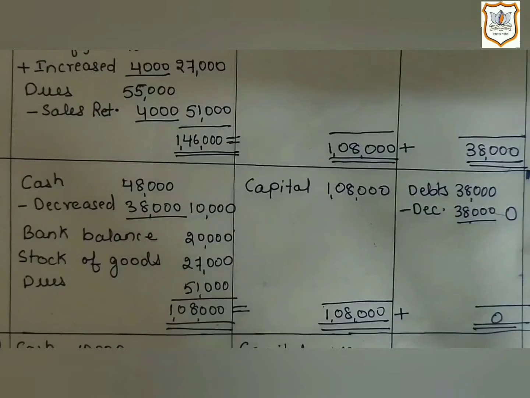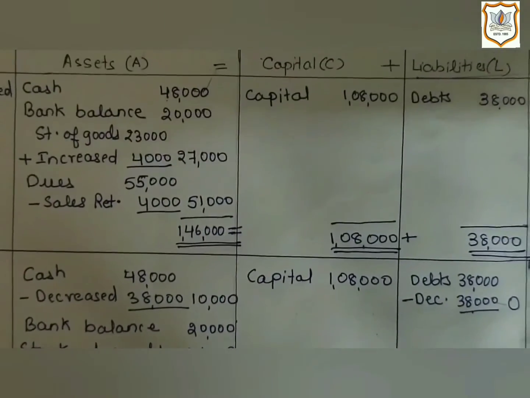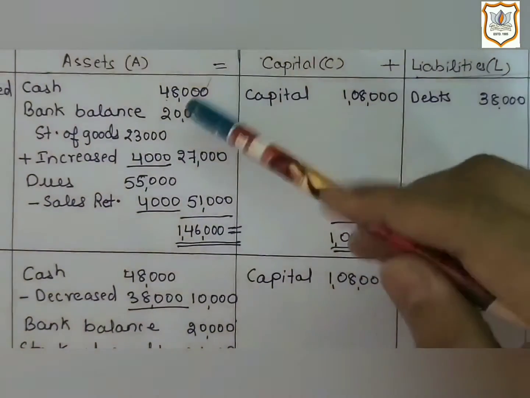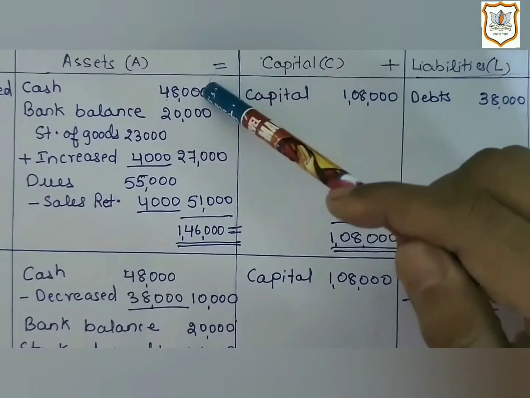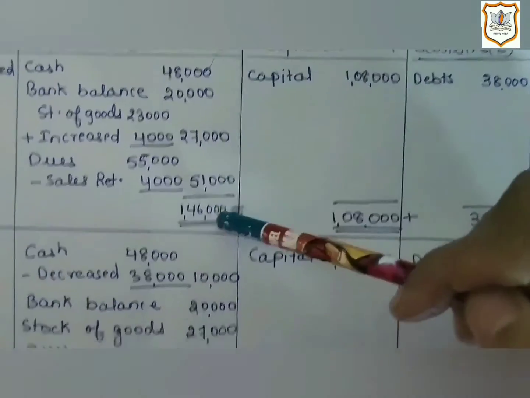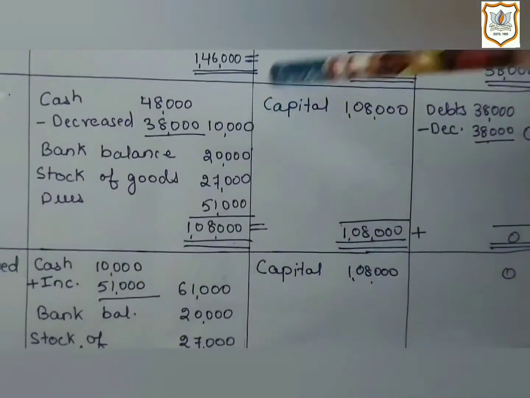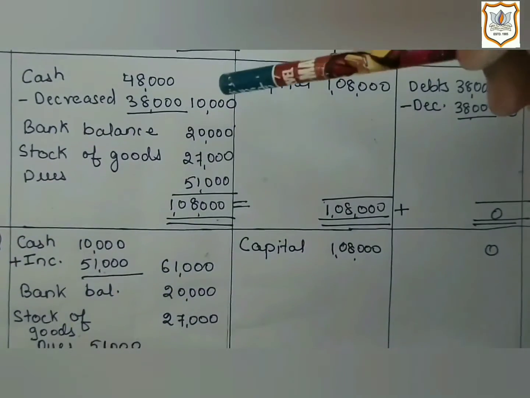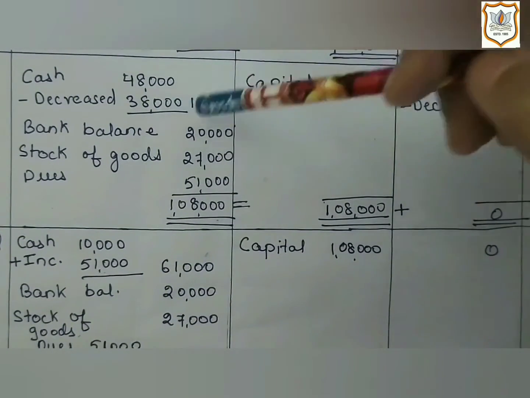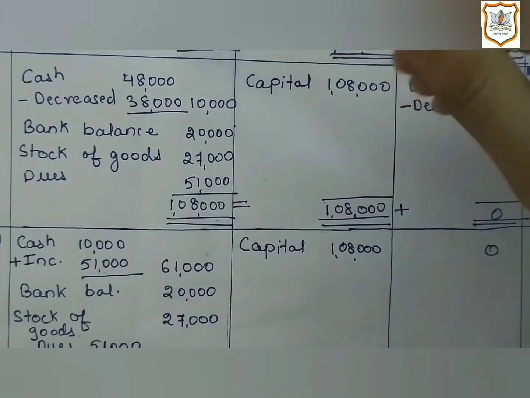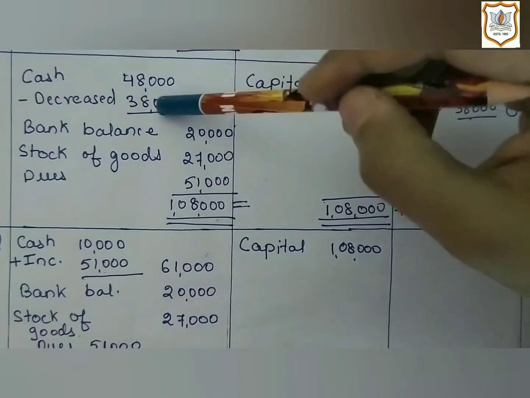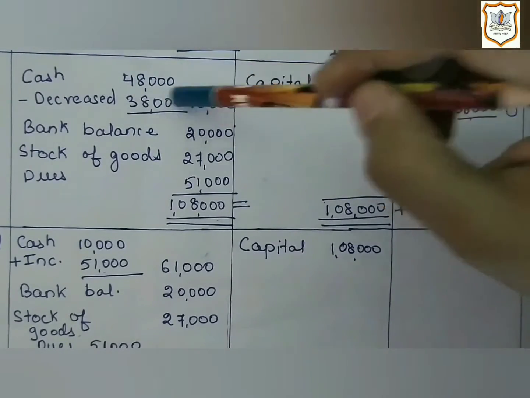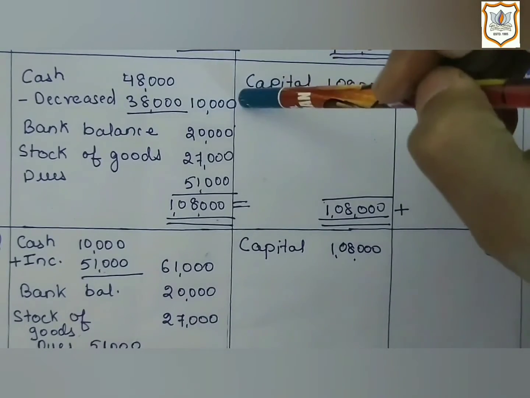See, in previous column, that means up to transaction number 8, we had cash balance of rupees 48,000. But now due to this transaction, our cash balance is reducing since we have paid 38,000 to Himani. So by subtracting 38,000 from 48,000, we will get 10,000 as cash balance.